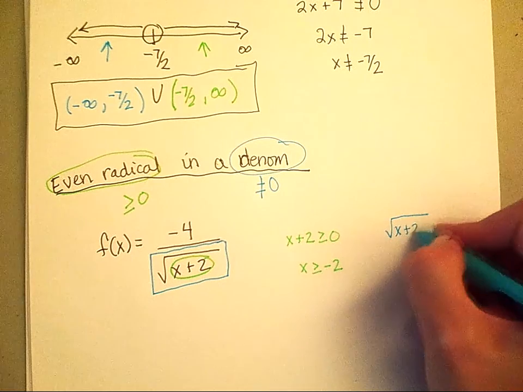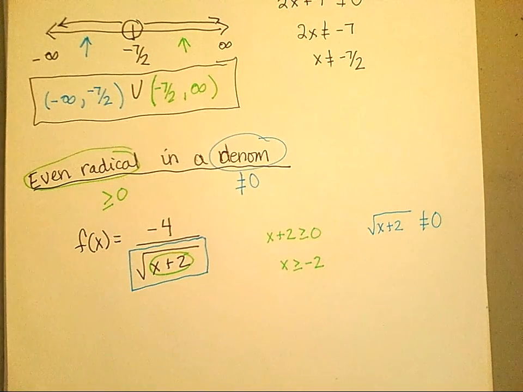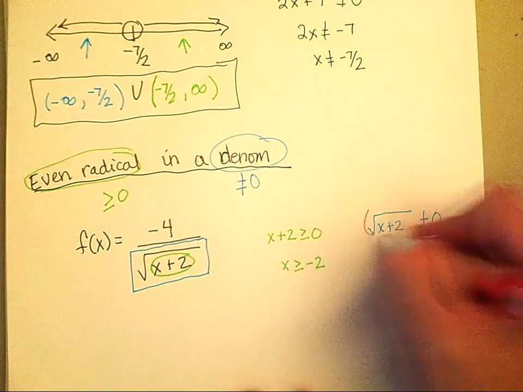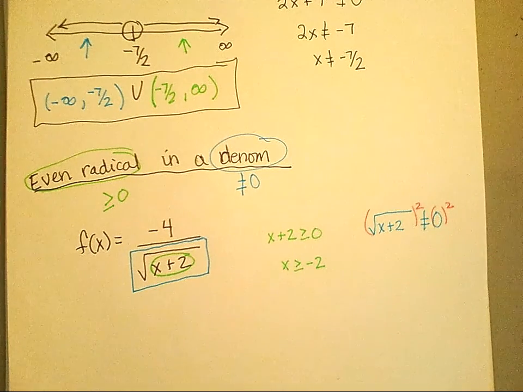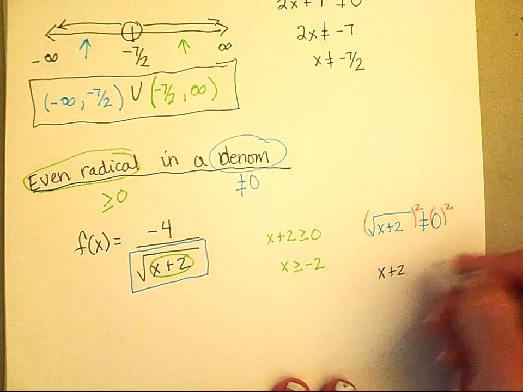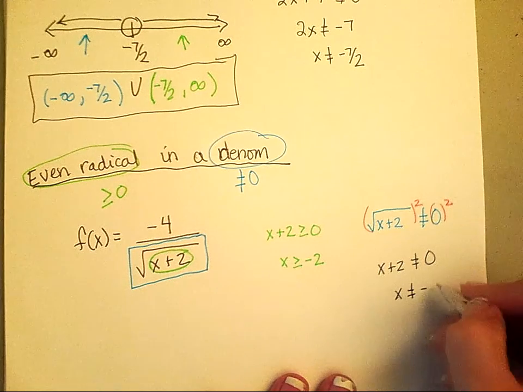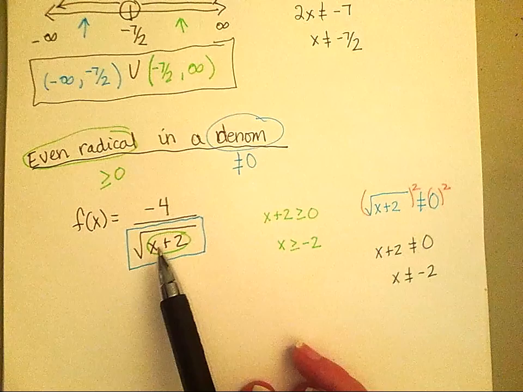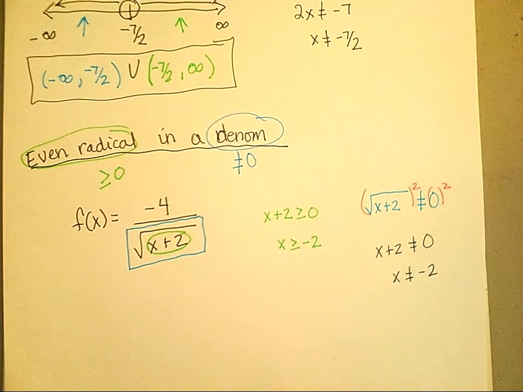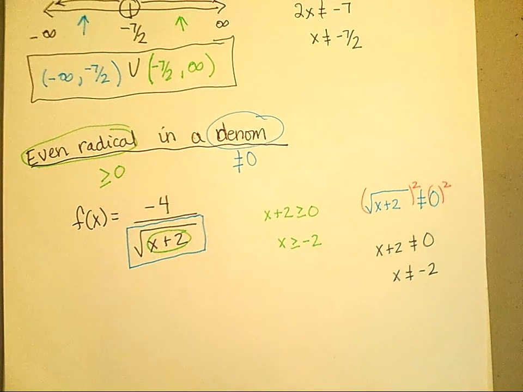That is, the square root of x plus 2 cannot equal 0, or the function will go undefined. So if I solve this, I square both sides, and we'll get x plus 2 cannot equal 0. So x cannot equal negative 2. If x equals negative 2, the denominator goes to 0, and the function becomes undefined.